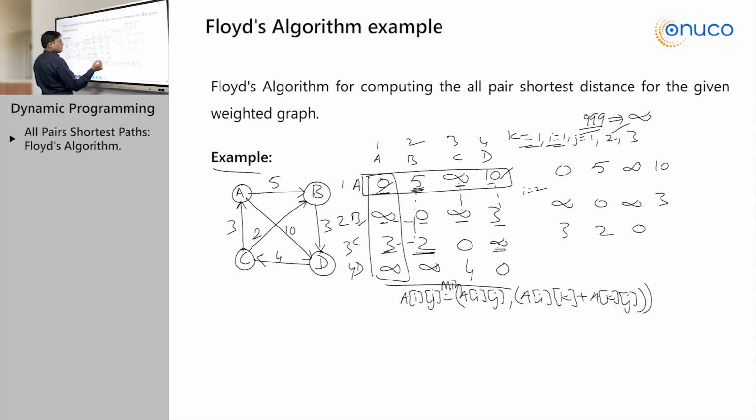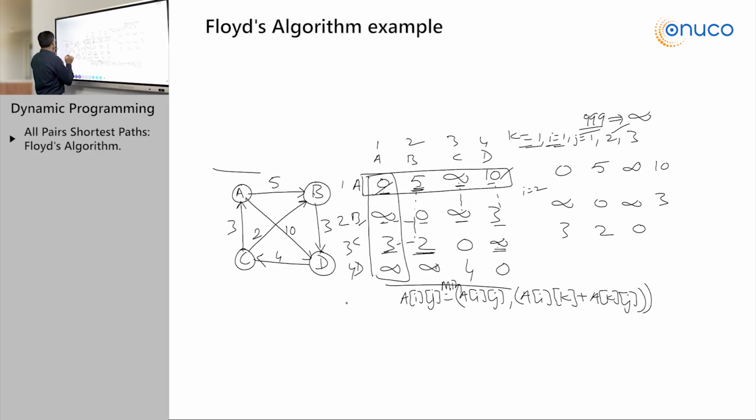For these instances, we can see that i is 3, k is 1 and j, which column is it? This value is from the fourth column. So let us see that: i 3, k 1, j 4.